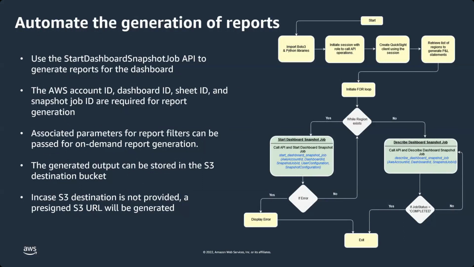Once your QuickSight session has been created, the very first thing you would do is retrieve the list of regions or parameters that you are looking for. In this scenario, for this particular use case, we wanted to generate a profit and loss statement. Let's say there are 4 regions, so we wanted to list all the regions for which this report has to execute.